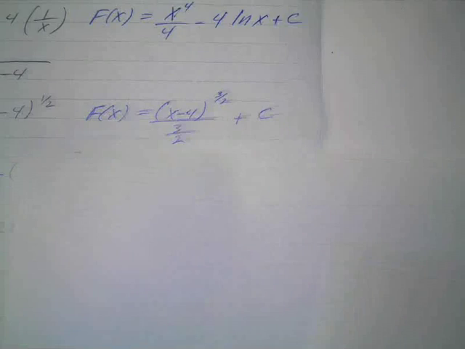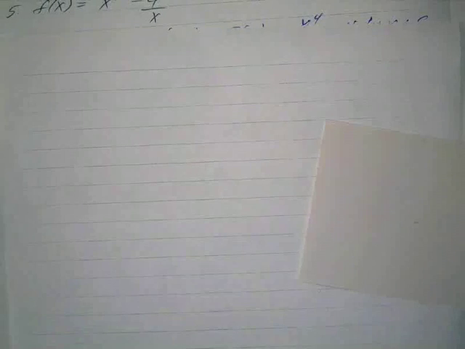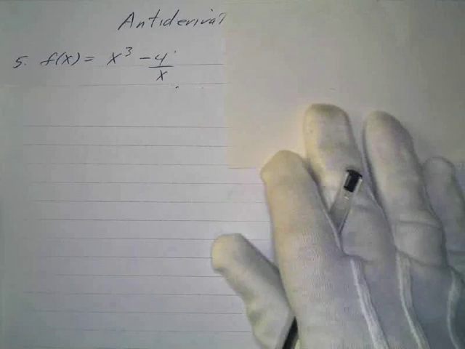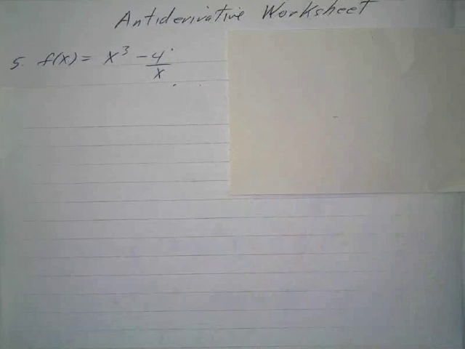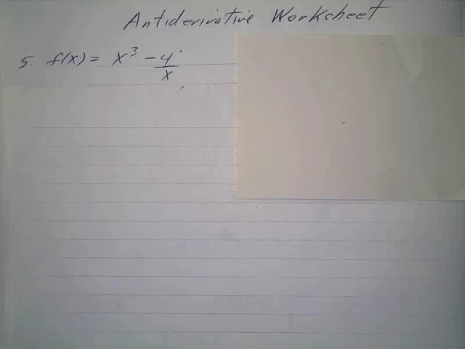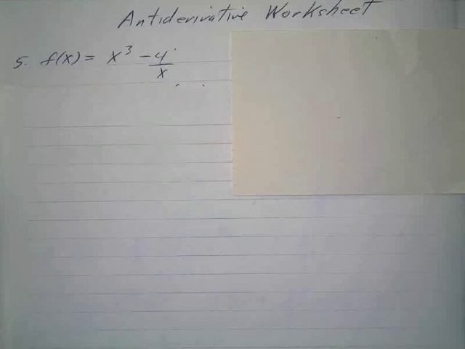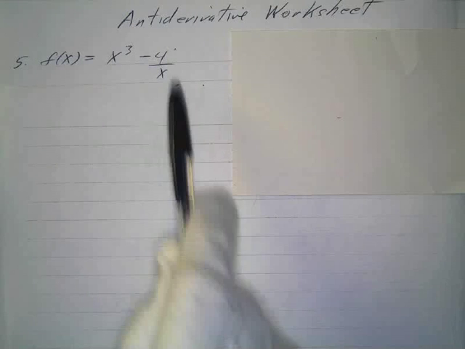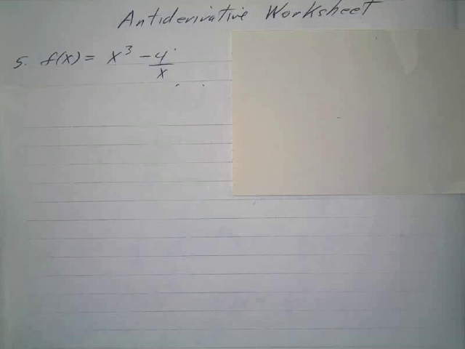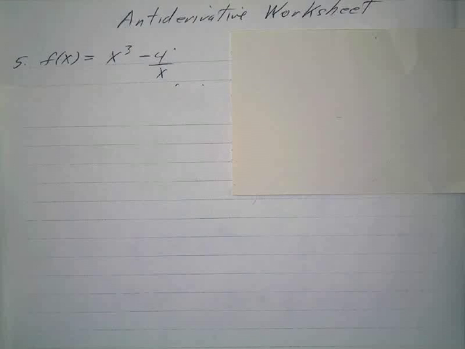Okay, let's take a look at number 5. And this is what we have over here. Now I know the antiderivative of this would be, I would just add 1, x to the 4th over 4, but if I bring this up to the top and make it x to the negative 1, if I add 1 to the negative 1, I get 0, and I can't divide by 0.